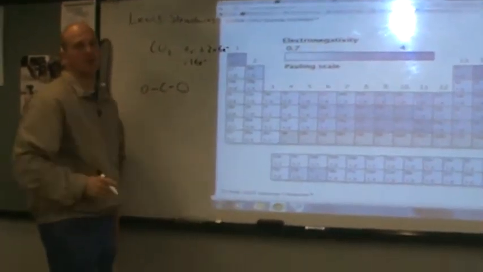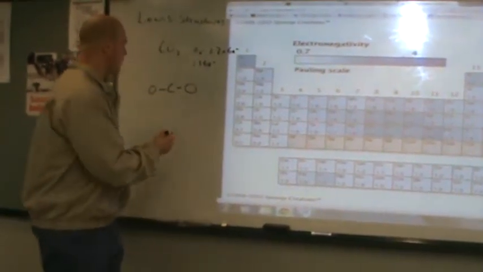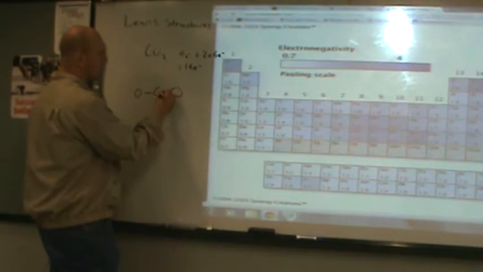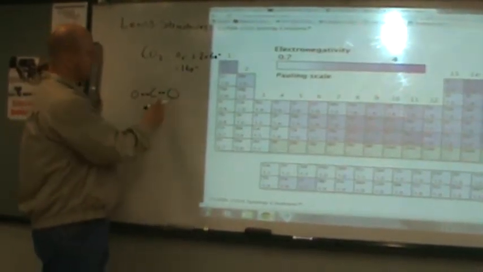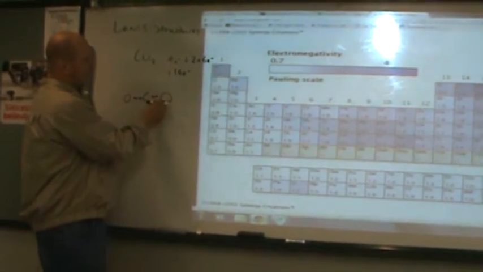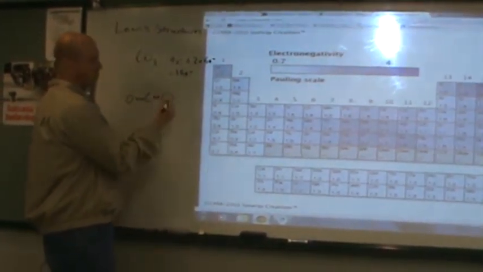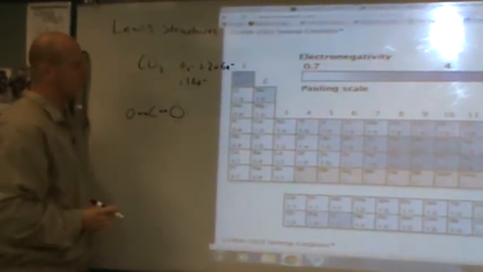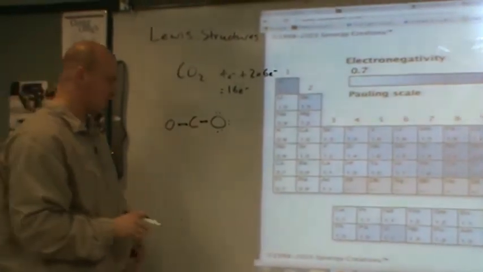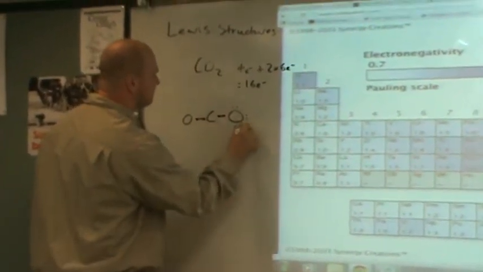So the first thing to do when trying to do a Lewis structure is to just draw single bonds first off. And then we must go around and complete the octet. So each bond counts for 2 electrons. And so oxygen can be considered to already have 2, and so it needs a further 6 to complete the 8. And so you draw 6 around it like that. And so now oxygen has its 8 electrons.